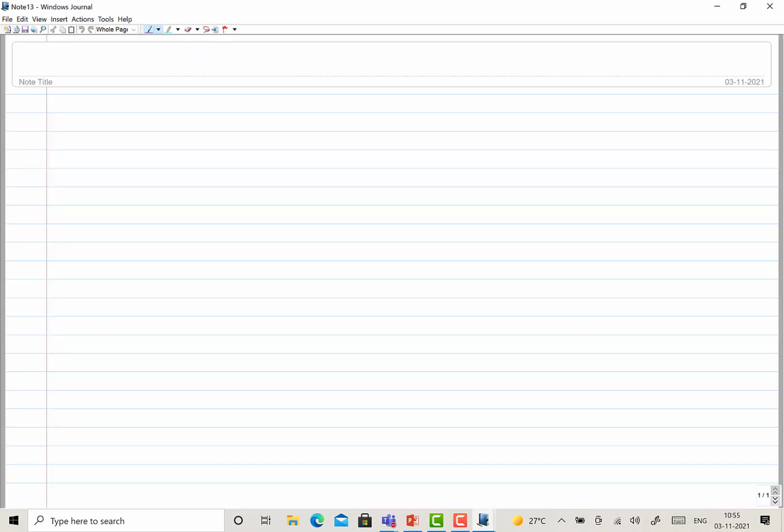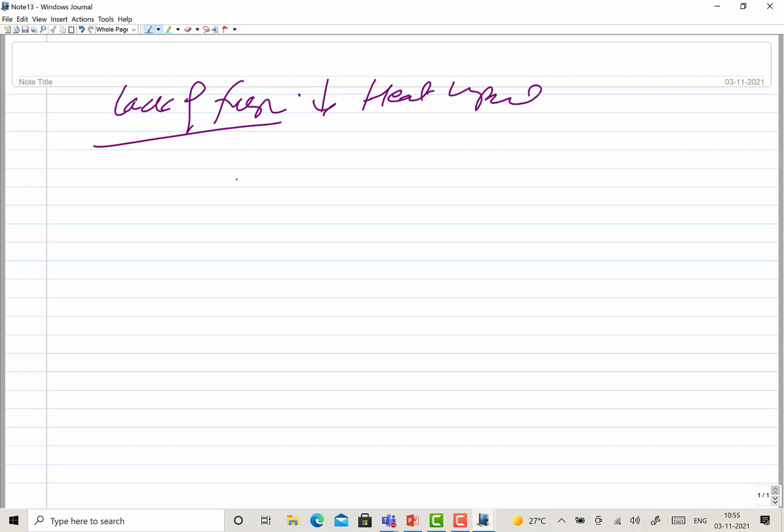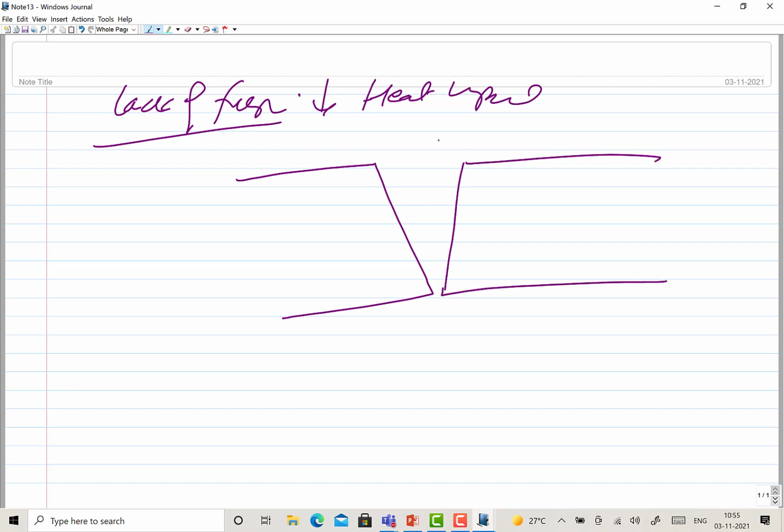Now the next one is lack of fusion. This is also due to the less heat input that we are supplying for the welding purpose. In that case, say this is how you have prepared the edges of the components to be welded, and you are supplying the heat through the arc. If the welding current is less, if the heat input is less than the desired 3.5 kilojoule per mm, then you will find that you are able to deposit the metal in the groove, but there is no melting of the base metal.